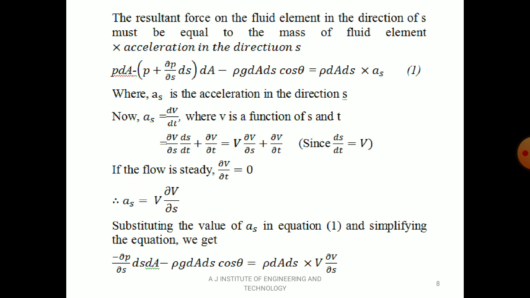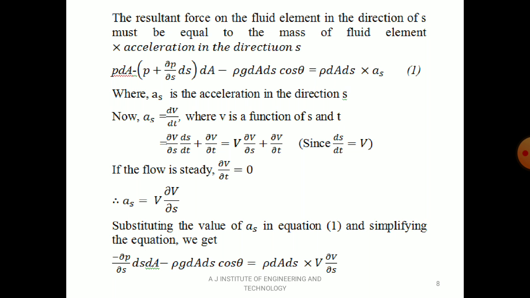Now substituting the value of as in equation 1 and simplifying, we get PdA, multiplying dA inside, PdA minus (PdA plus dou P by dou S into ds dA) minus rho g dA ds cos theta equals rho dA ds into as. That is a simplification. You could take negative terms to the right hand side and make them positive, or keep it as it is for time's sake.